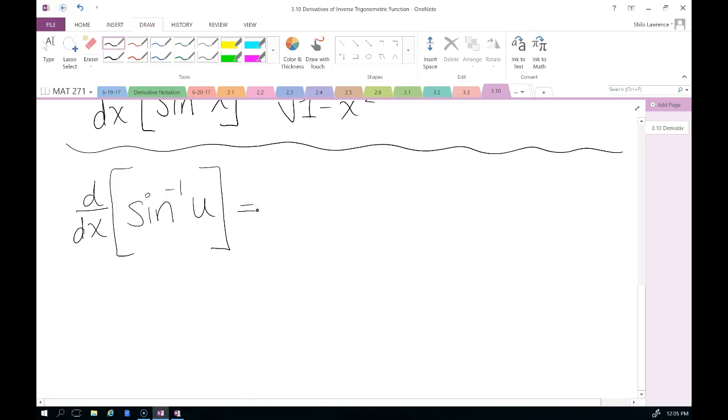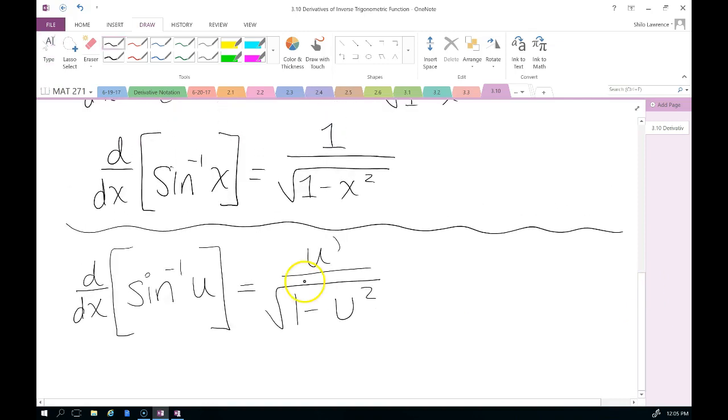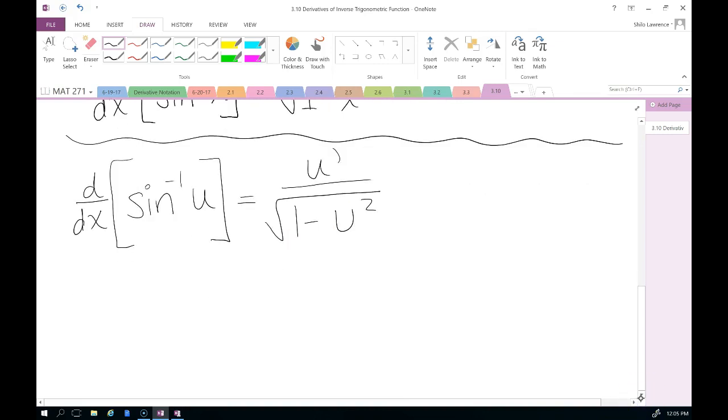We would have to possibly treat this as a chain rule, which means we're going to get u prime over the square root of 1 minus u squared. That follows the exact same pattern we just saw above. The only difference is, because of the chain rule, we have to multiply by the derivative of the inside stuff, which is why we have u prime in the numerator.